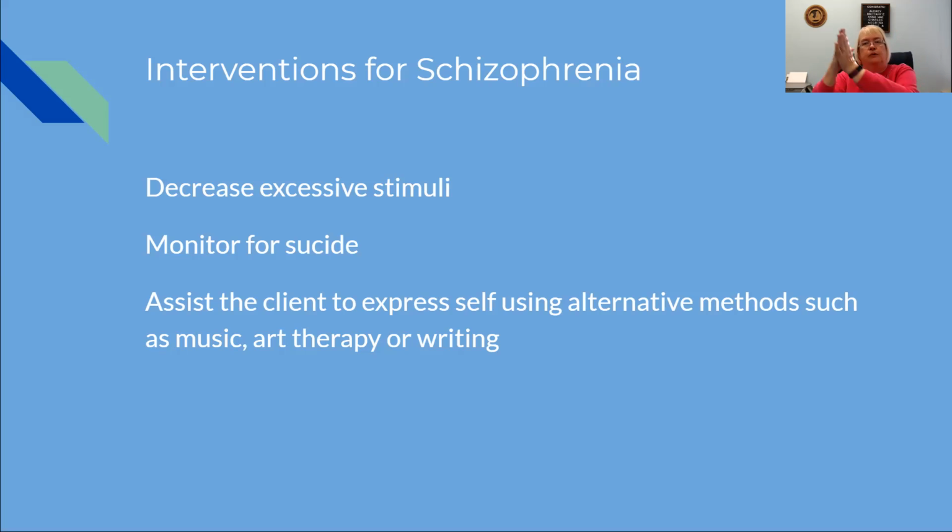If not, then move the patient to a different environment. Monitor for suicide. Are they suicidal? And then assist the client to express themselves through alternative methods like music and art therapy, and writing.